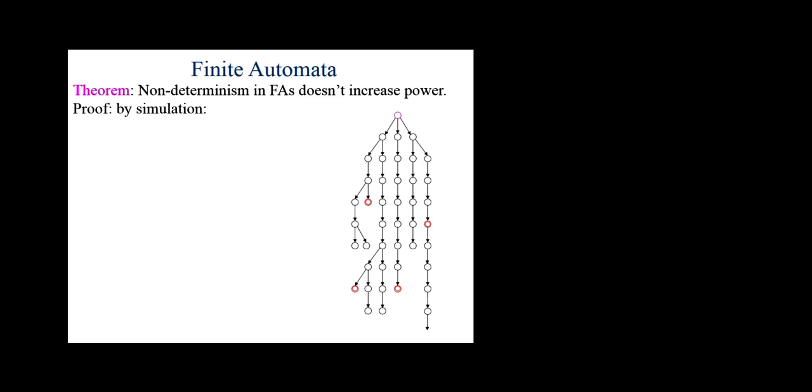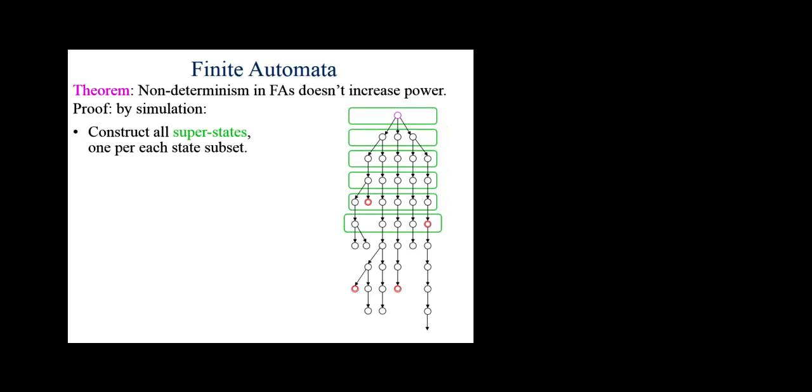Okay, so now we're going to construct these superstates, just like we did for the cross-product construction, except superstates here can have not just two states of the original machine, but an arbitrary subset of states of the original machine, a member of the power set of the state set of the original machine. So here are the superstates of the machine. These are all subsets of the original state set of the machine.